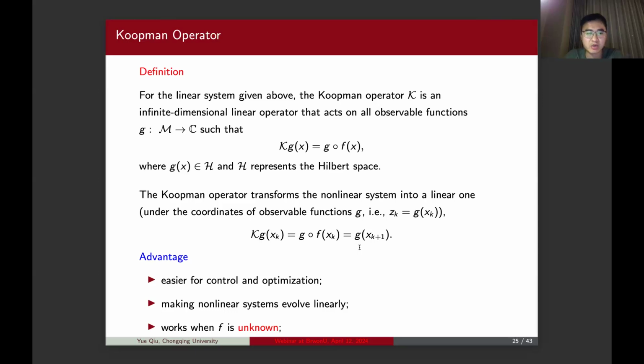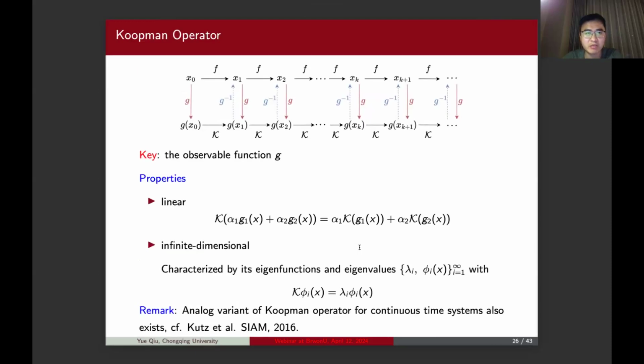This framework works well when the nonlinear system model F is unknown. The upper row is just the evolution of the system states, the dynamics of the original system.